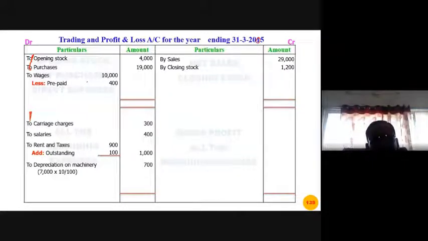Prepaid 400, advance for next year. So 10,000 minus 400, 9,600. Actually the expenditure on wages belonging to this financial year is 9,600 only. Again, this prepaid is to be shown, so go to balance sheet.